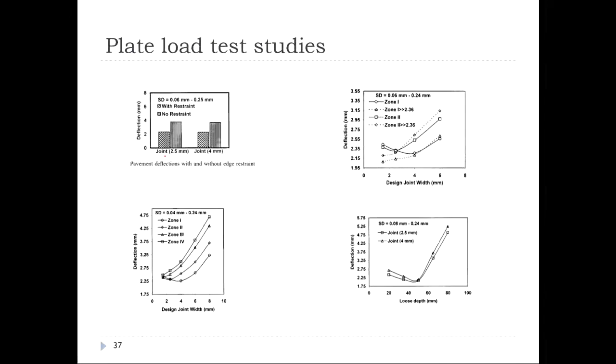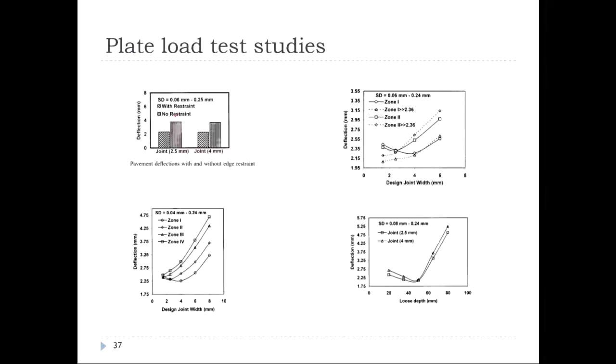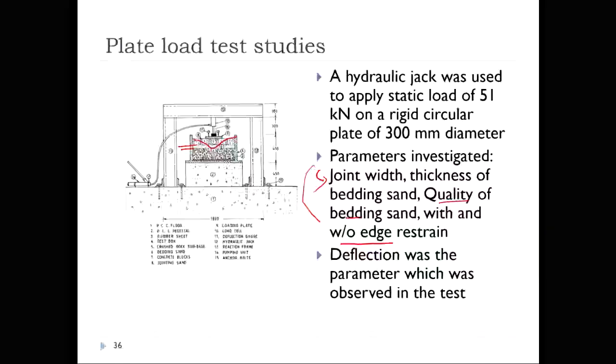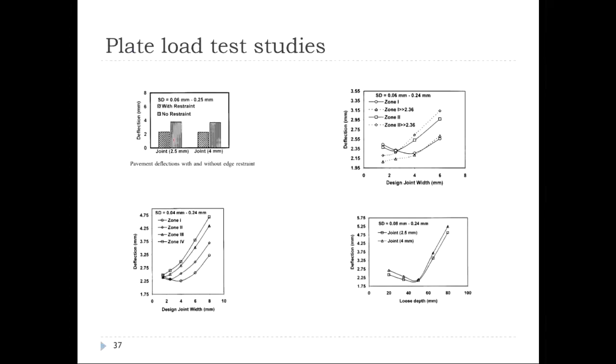So they tried different joint spacings. Along with different joint spacing, they also simulated two conditions: with restraint and without restraint. With restraint, as I mentioned to you, was a condition where they had filling sand at this edge. So you can see that in the absence of edge restraint, they were getting higher center deflection.